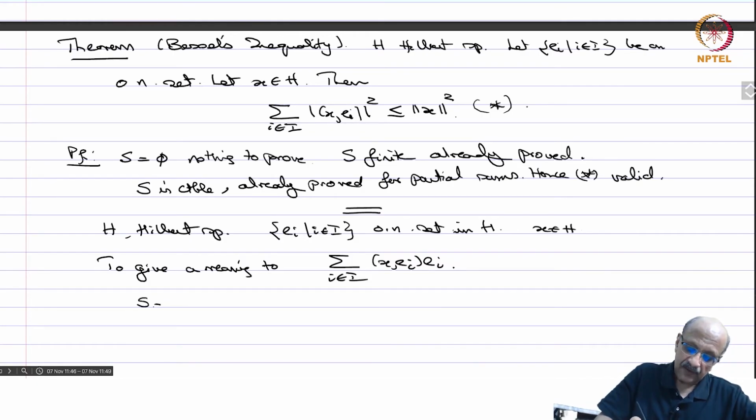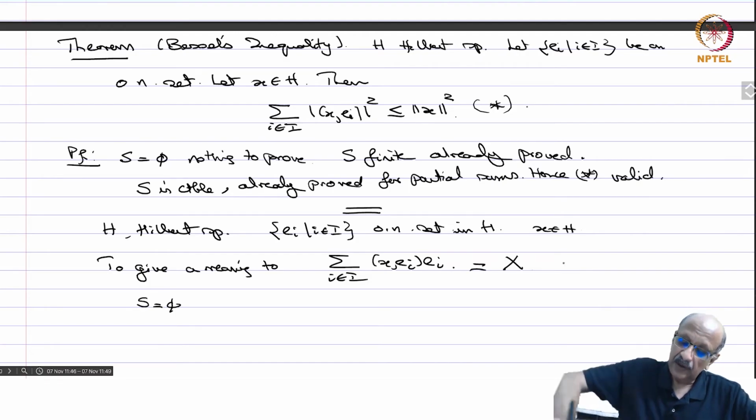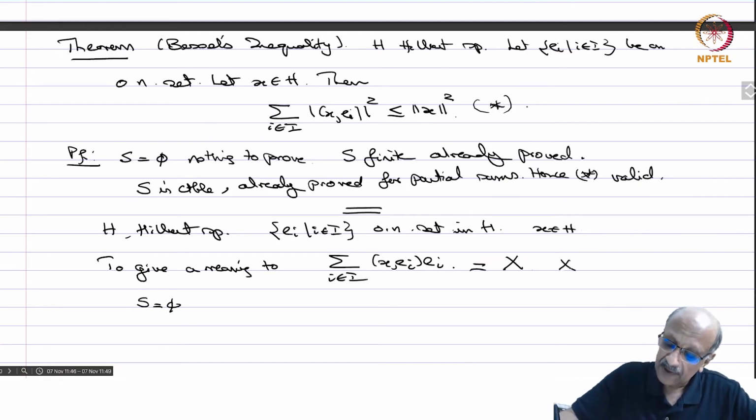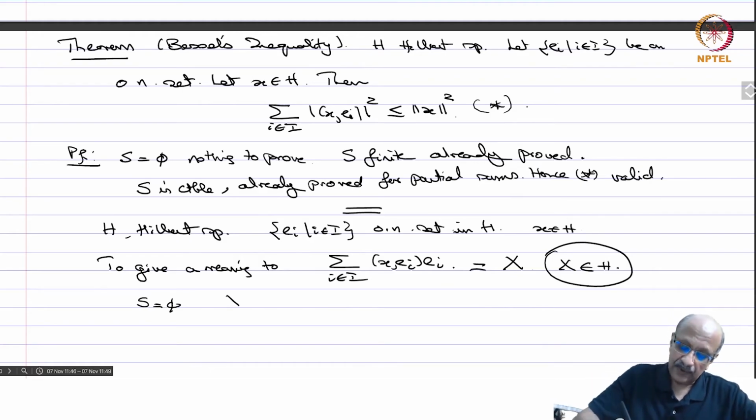Again, call this capital X, where capital X belongs to H; we want to define it as a vector in H. So this infinite series should be defined. If S is empty, then capital X equals 0. If S is finite, then capital X equals the usual vector addition.